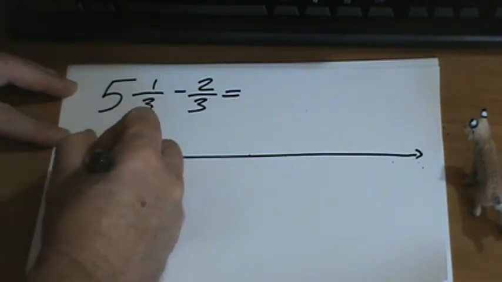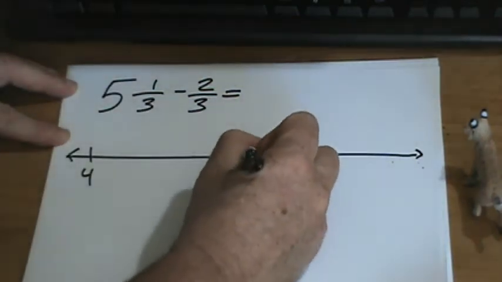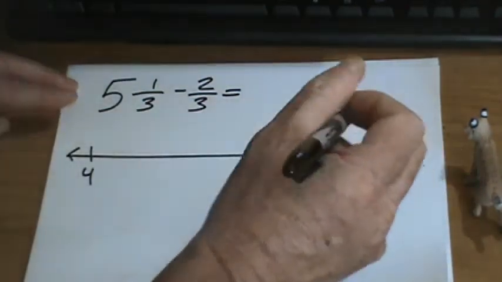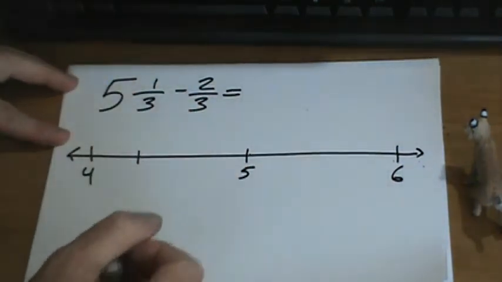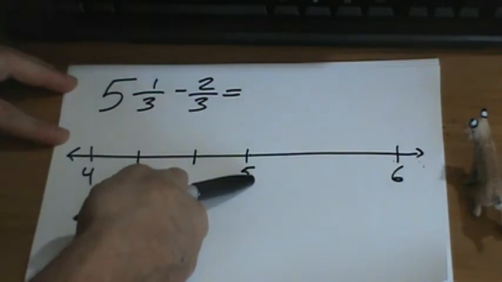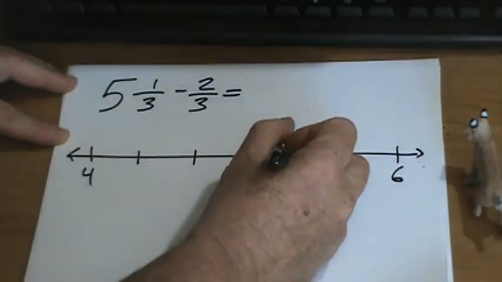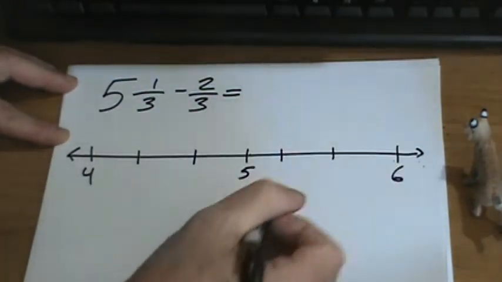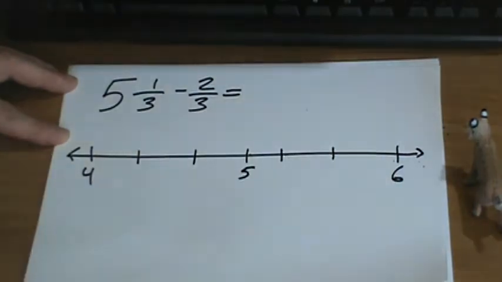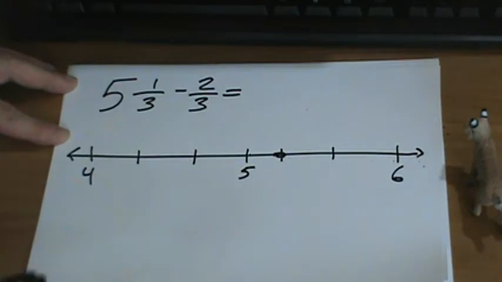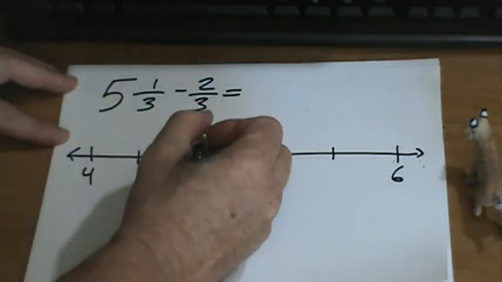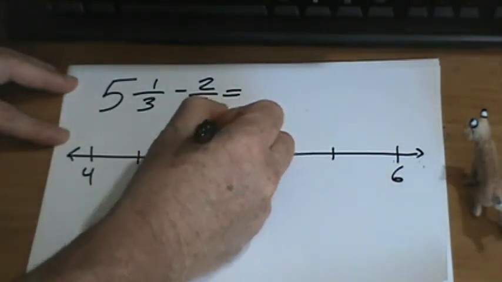And I'm going to do 4, 5, and 6, so we get a big picture, all right? We're dealing in thirds. 4 1/3, 4 2/3, 4 3/3 are 5. 5 1/3, 5 2/3, 5 3/3 are 6. Where do I start? I start at 5 1/3. What am I subtracting? 2/3. 1/3, 2/3.